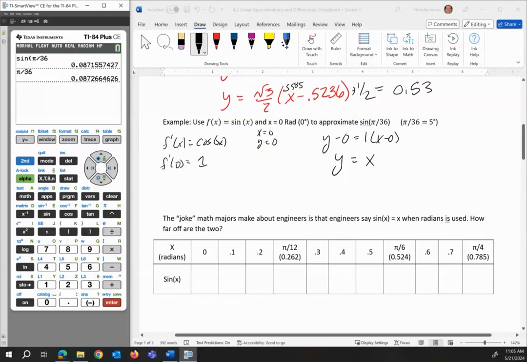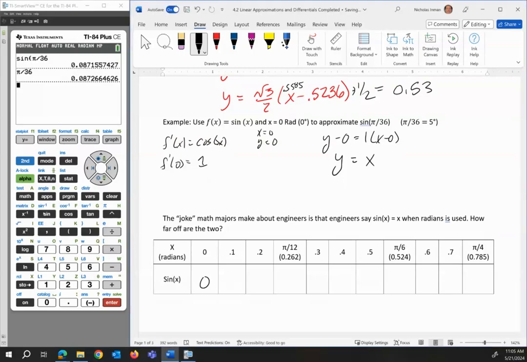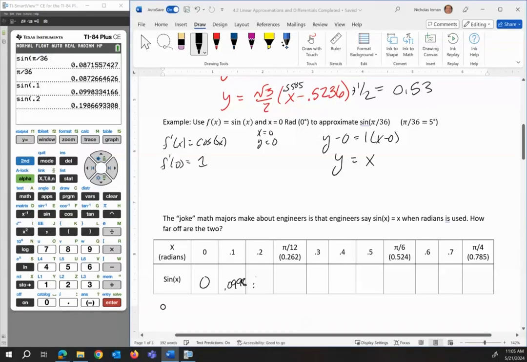Like sine of 0 is 0. That's great. Sine of 0.1 is 0.0998. It's pretty close to 0.1. Sine of 0.2, for instance, is 0.1986. Okay, so the general idea is that with sine, for small values, the number you plug into sine is pretty much the same thing that you're going to get out of sine.